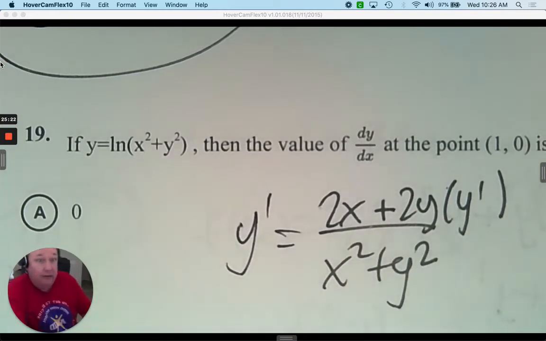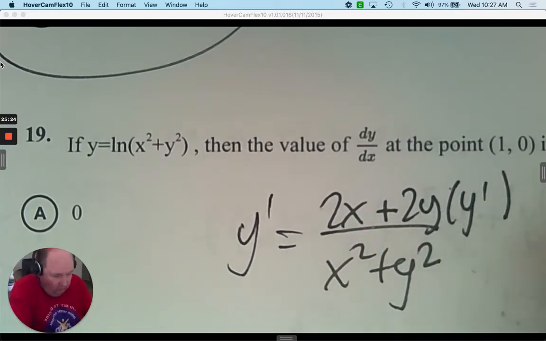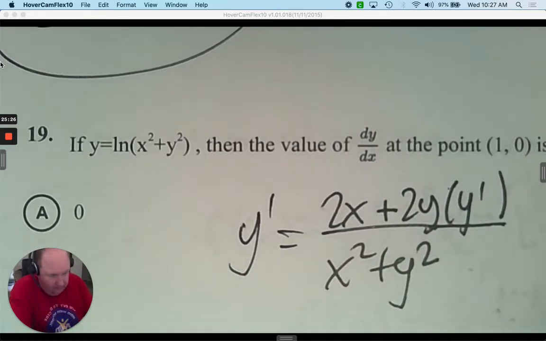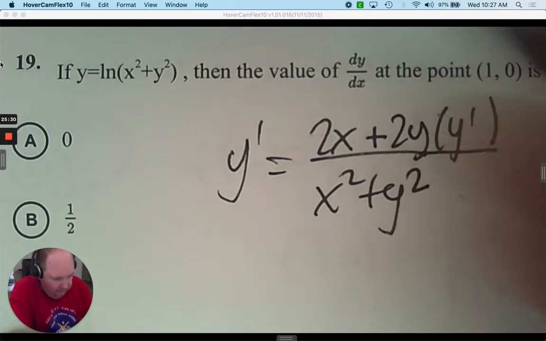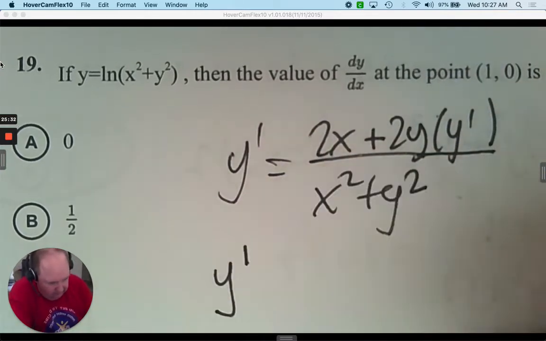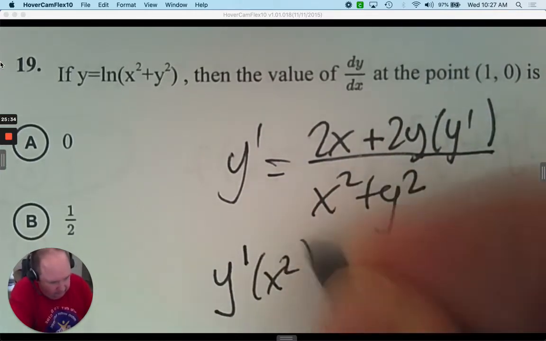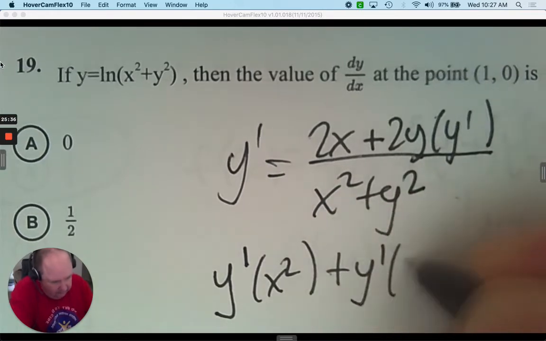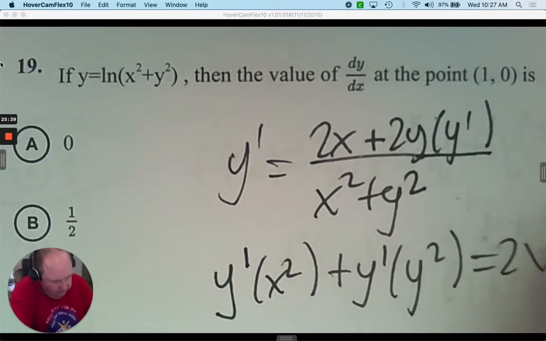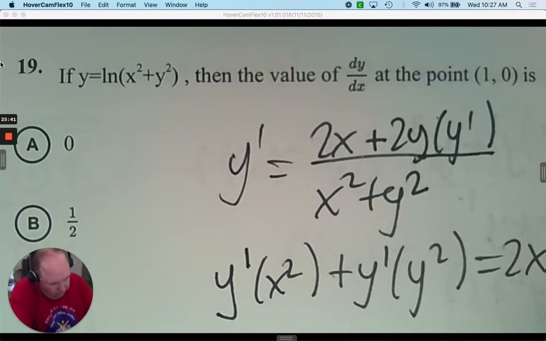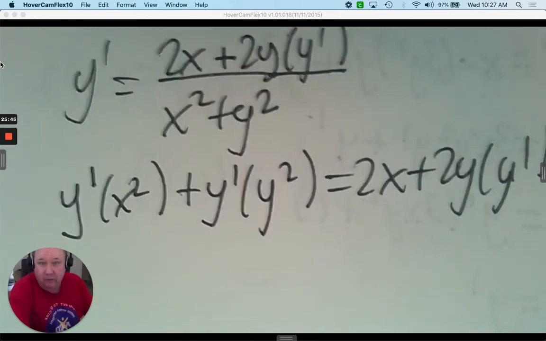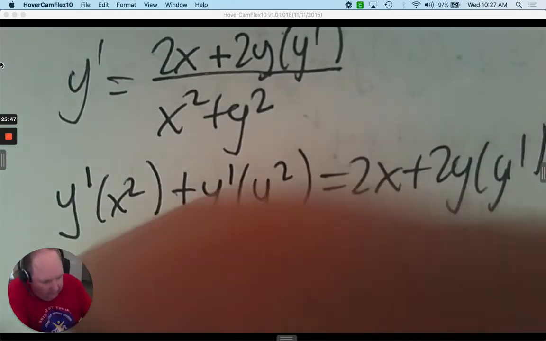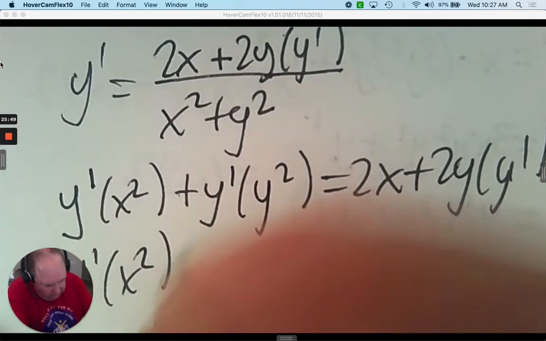All right, so next I want to get all the y primes together on one side to be able to rearrange this algebraically. So I have y prime times x squared, y prime times y squared. So I just multiply by x squared plus y squared, and then if it has a y prime, it's going to all come together.